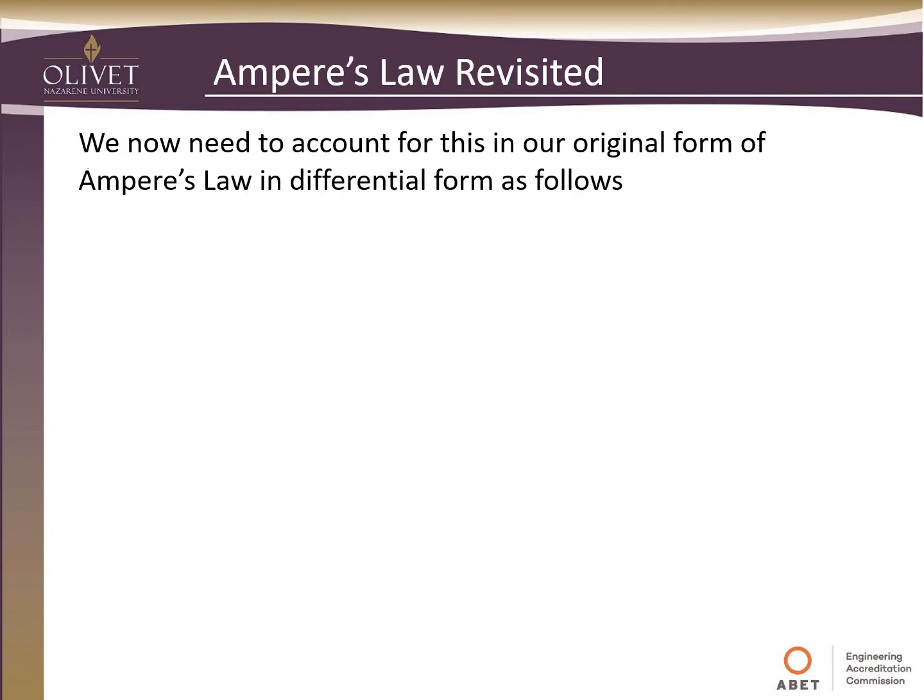Well, that being the case, Maxwell's equations say that all current flow has to be accounted for, so we need to account for this in our original form of Ampere's law. We'll do it in differential form as follows. So we have the curl of H, but we can replace H with this constitutive relationship.